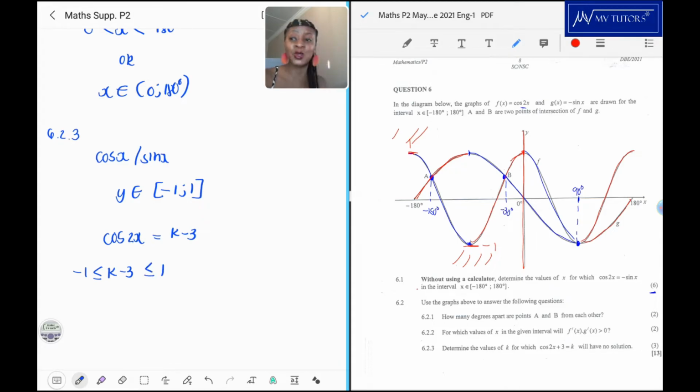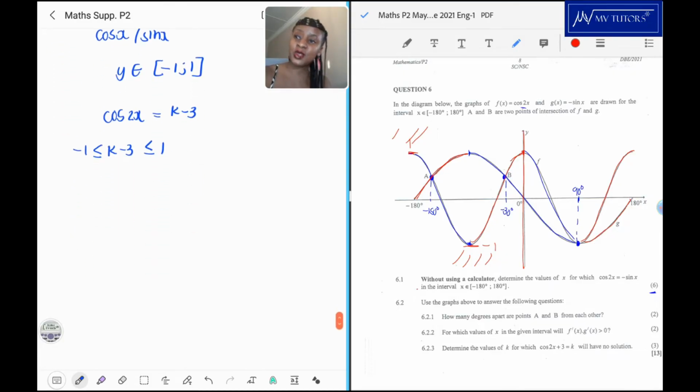For there to be no solution, k minus 3 has to be bigger than 1, or k minus 3 has to be smaller than -1. That is where we can't have a solution. And then the values of k: k is bigger than 4, or k is smaller than 2.